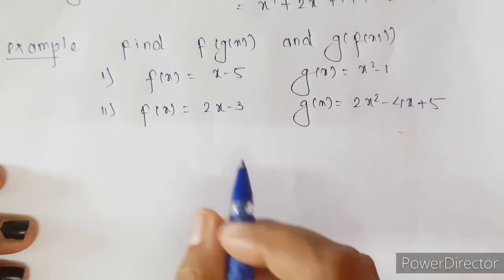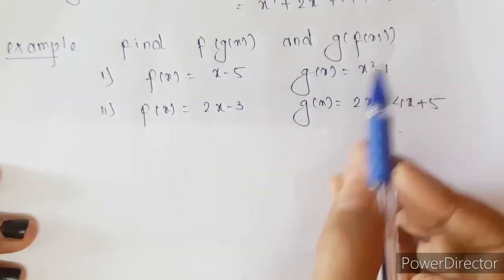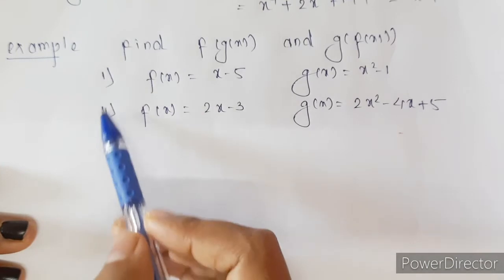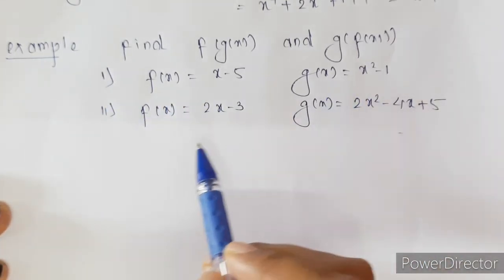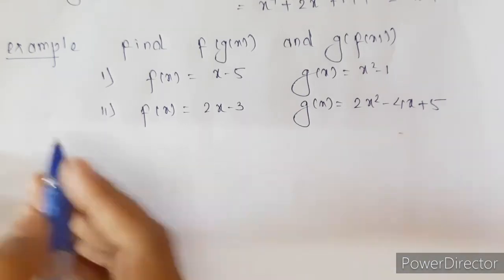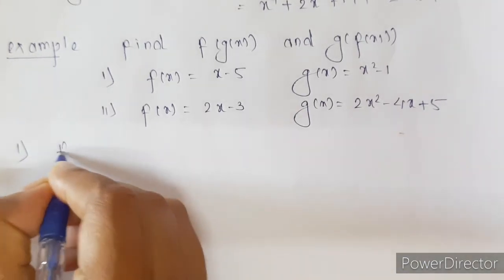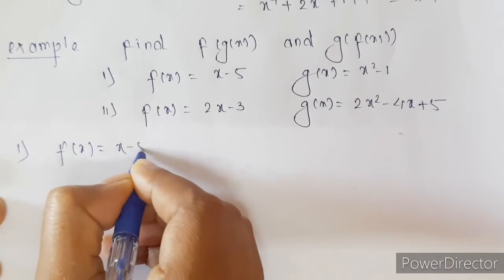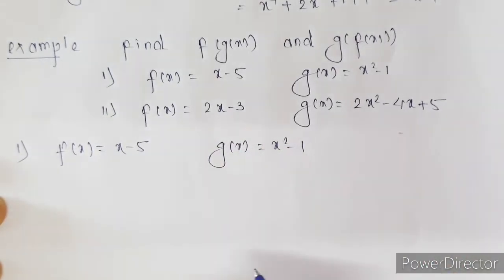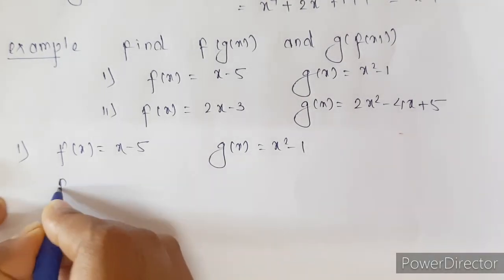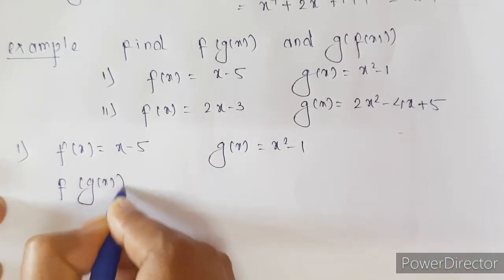Next example, find f of g of x and g of f of x. These are the two problems given. In the first case, f of x is x minus 5, g of x is x square minus 1. Let's start with the first one. We need to find f of g of x and g of f of x.